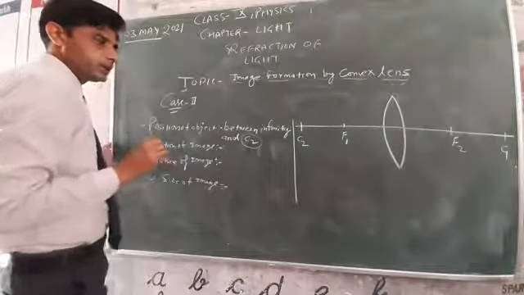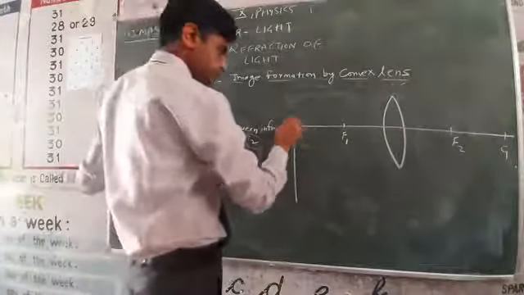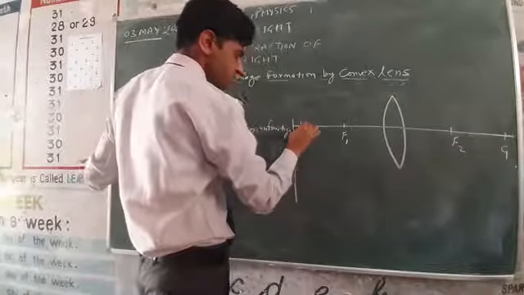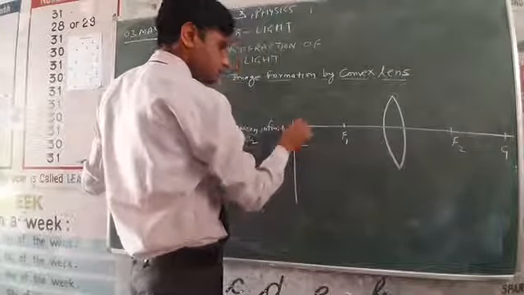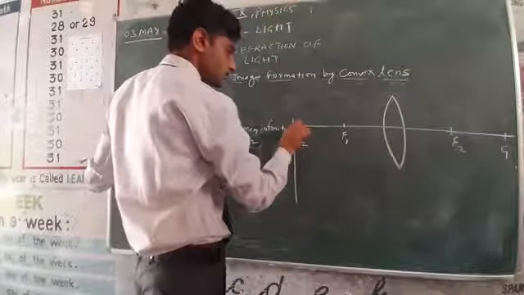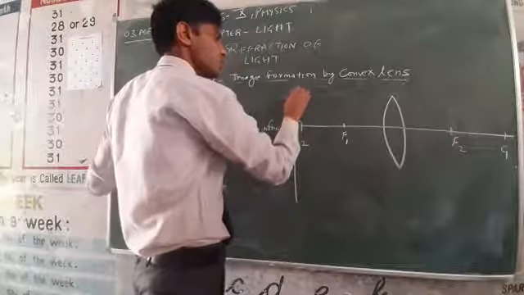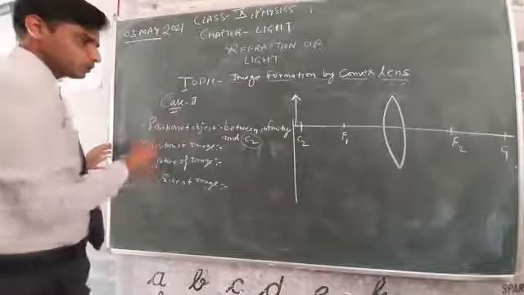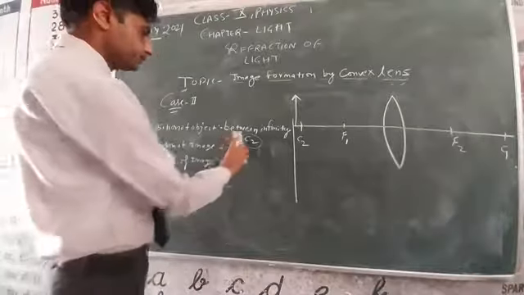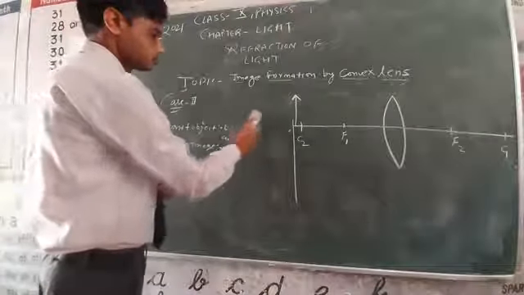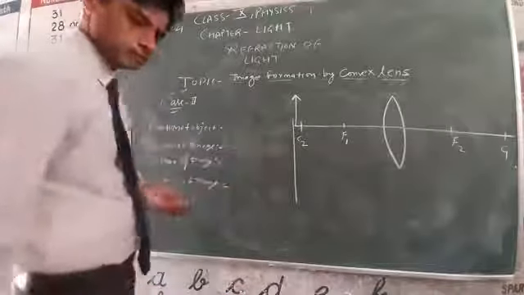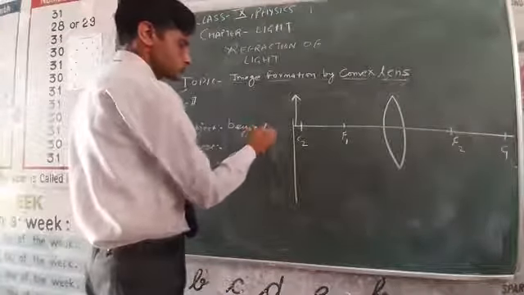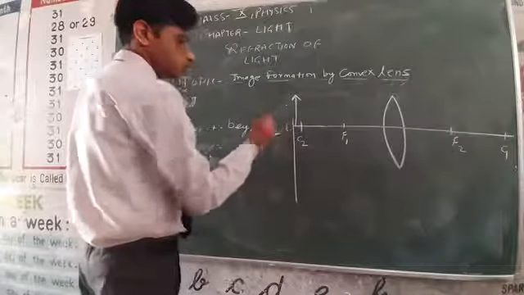Between infinity and C2, so you can assume that the object is placed beyond C2, or simply you can say that the position of object is beyond C2.